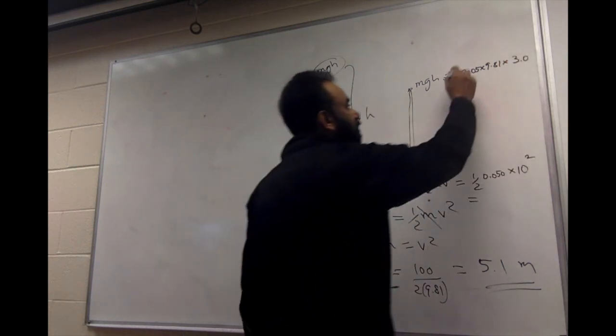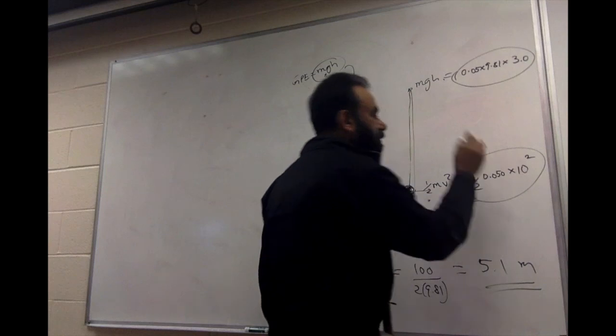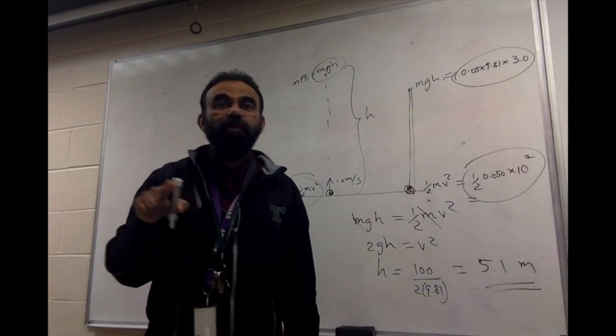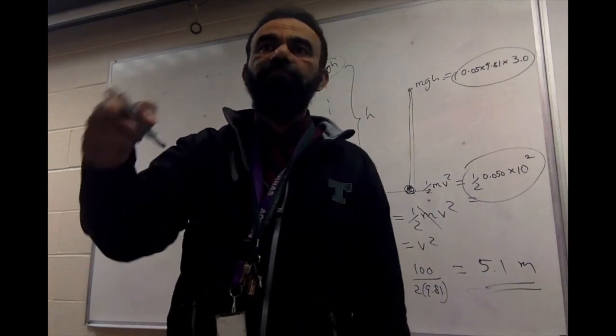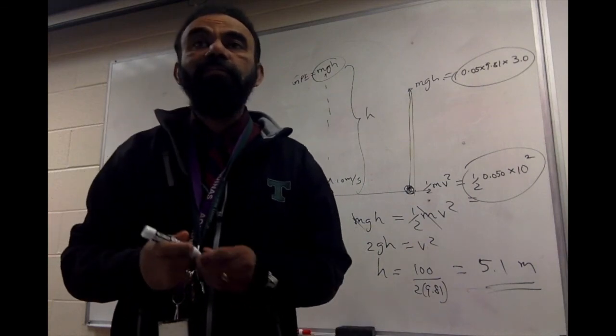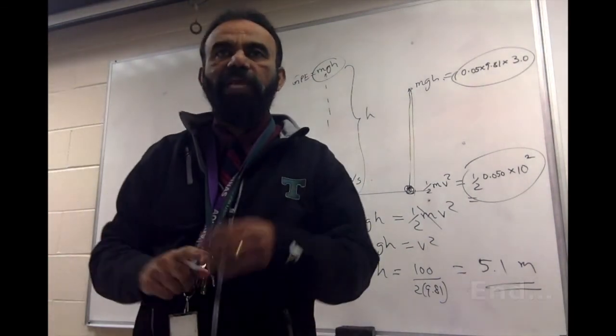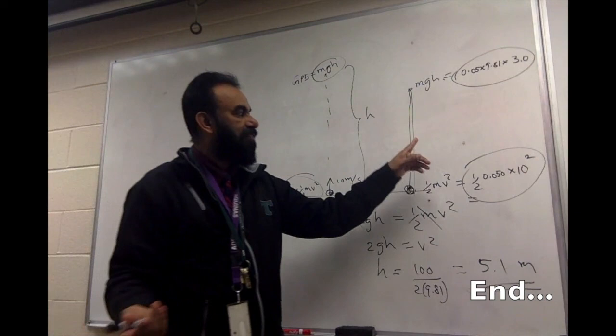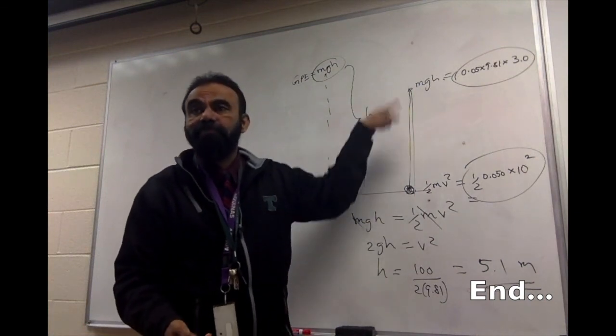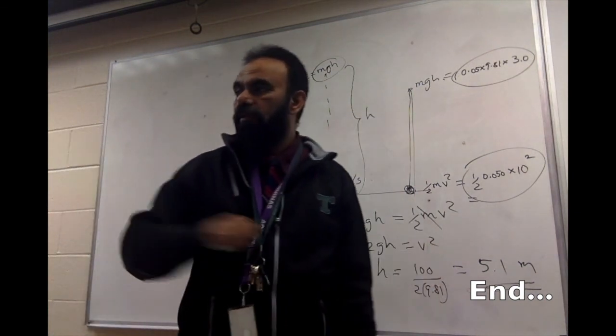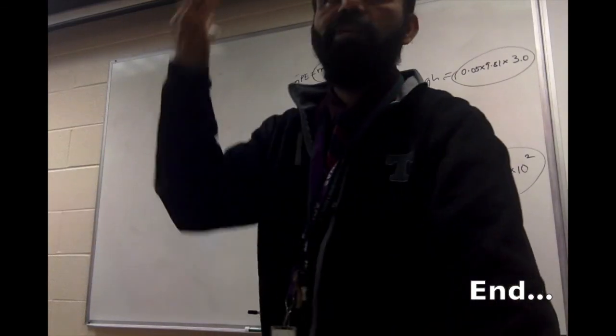Definitely this is smaller than this, and the difference is equal to the work done by friction, which is given by what formula? F times d. d is how much? 3 meters. And so you can figure out the force.